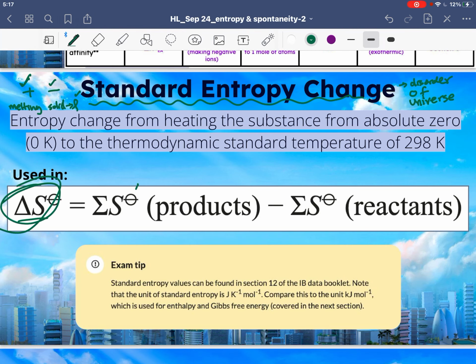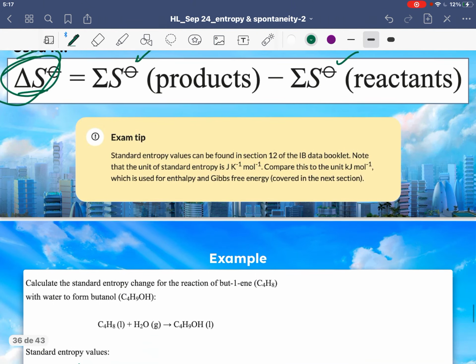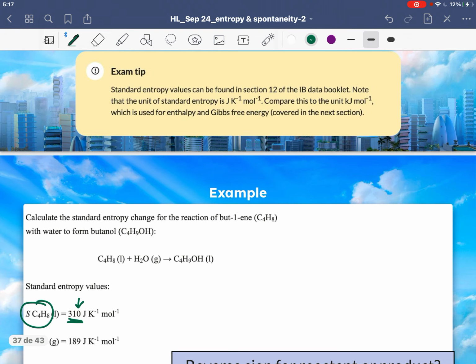Great. We can quantify this using standard entropy values. So, for example, I have here the standard entropy value for C4H8. Hopefully you're saying to yourself, butene, some isomer of butene, right? CnH2n. What does this number mean?